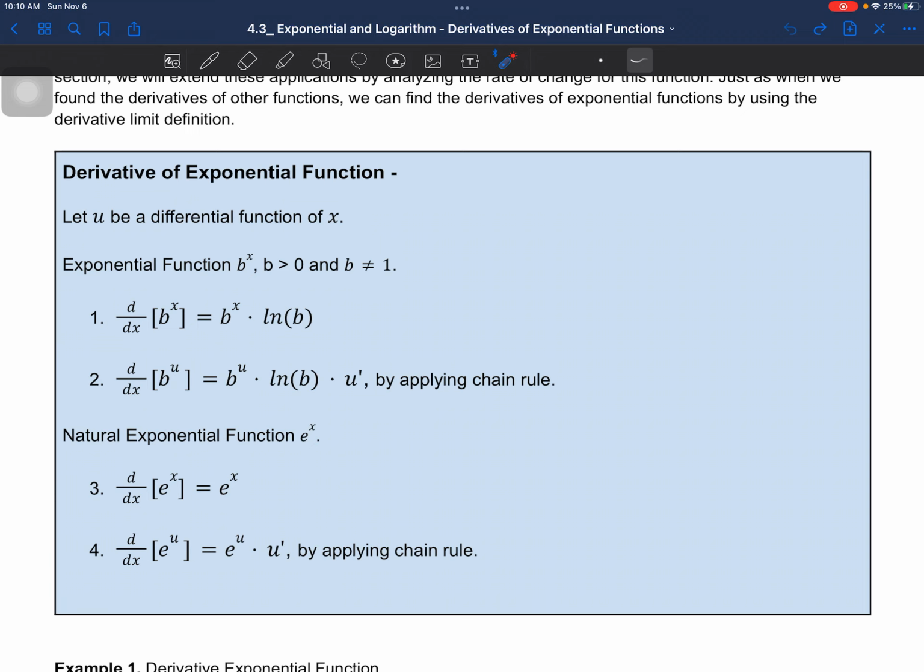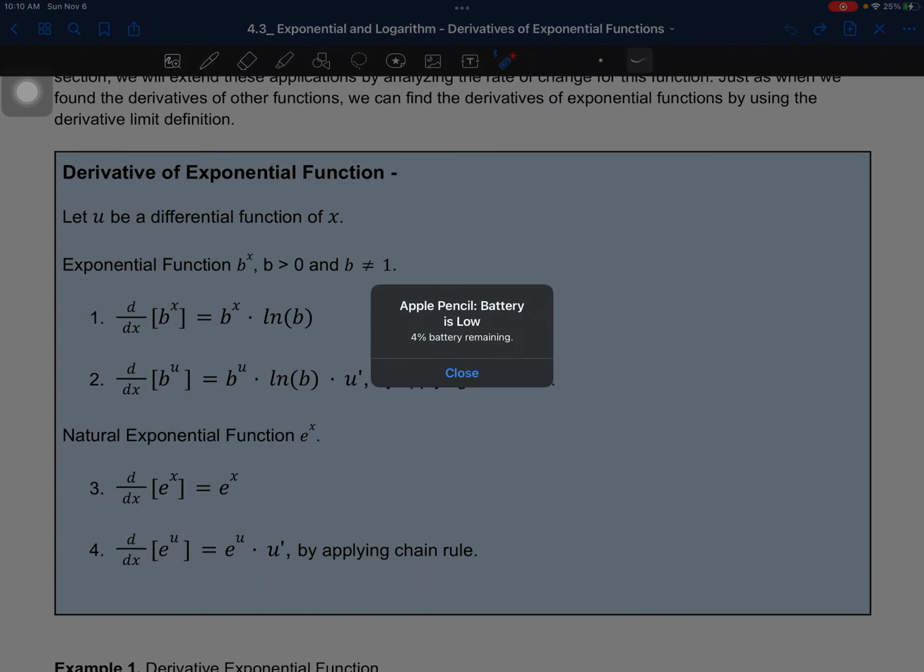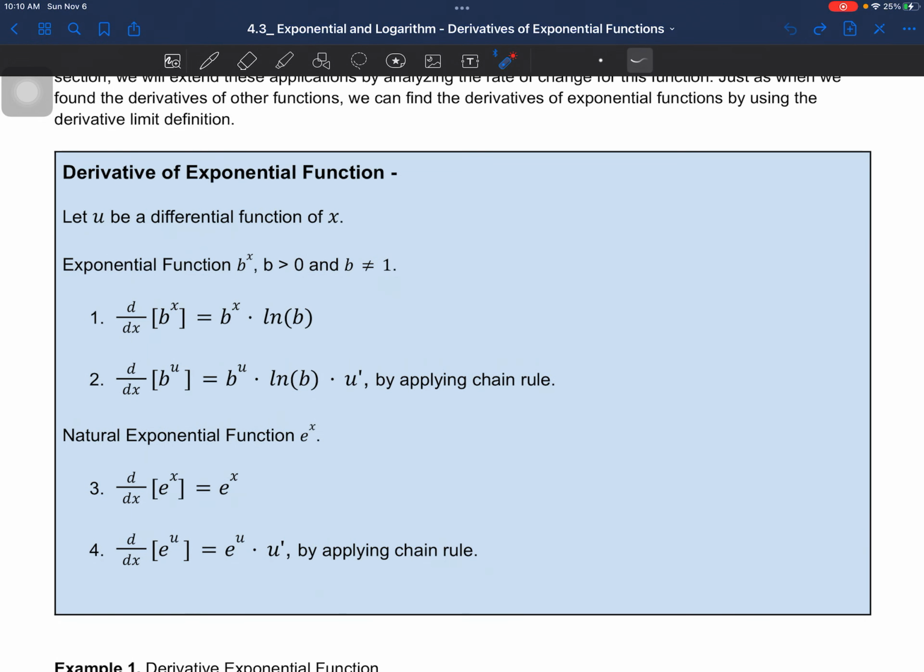Leave the inside the same, like the chain rule says. And then at the end, multiply by the derivative of the inside. So there you go. Of course, we're going to have a few examples where we go over this, but I want you guys to think about it and have these rules handy. So these are adding to the table of all derivatives that we have to know.